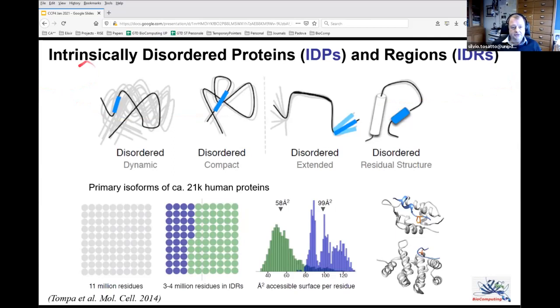So in reality, we're talking about a variety of situations, which goes all the way from things which are disordered and dynamic, shown here as being highly flexible, to disordered and compact, where there is not so much variation. At the other end of the spectrum, we have things which are disordered and extended, and others which still have a residual structure.